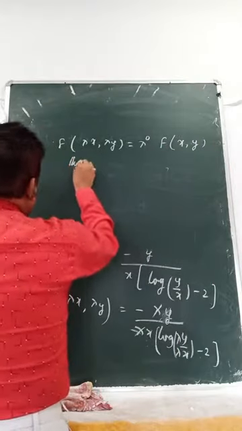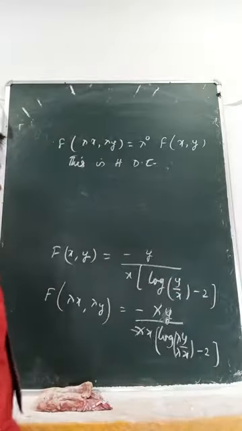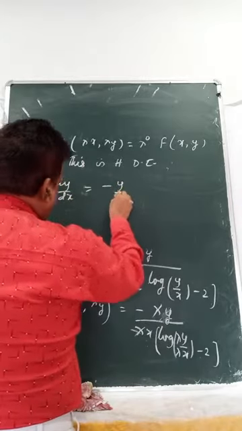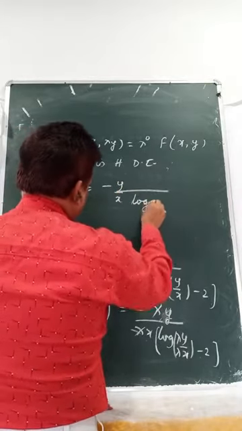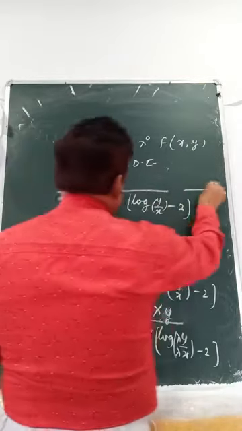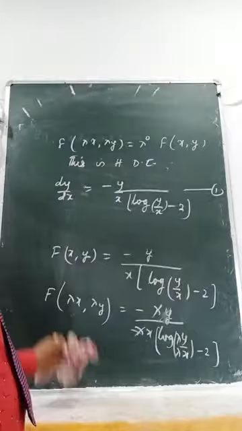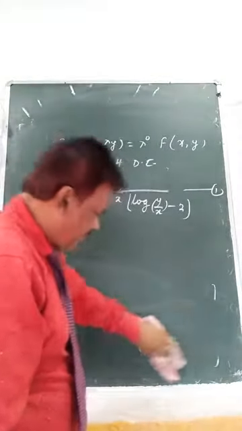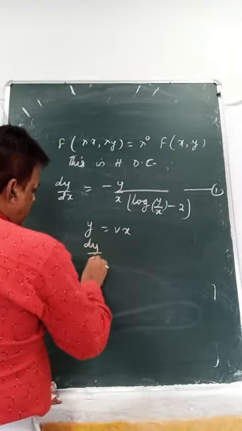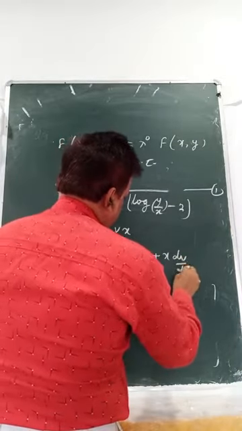So this is a homogeneous differential equation. Okay, that means you are writing dy by dx is minus y by x, log (y by x) minus 2. So for dy by dx, then what you have to do? Put y equals vx, then dy by dx equals v into 1 plus x dv by dx.